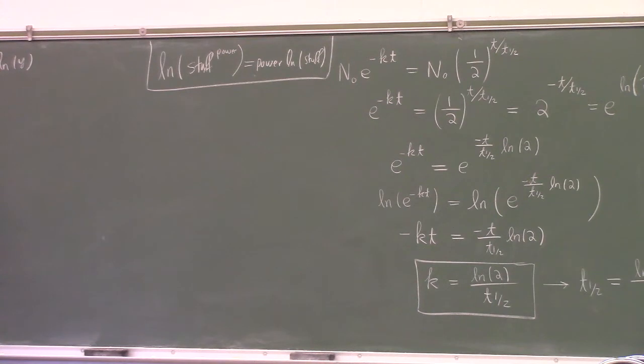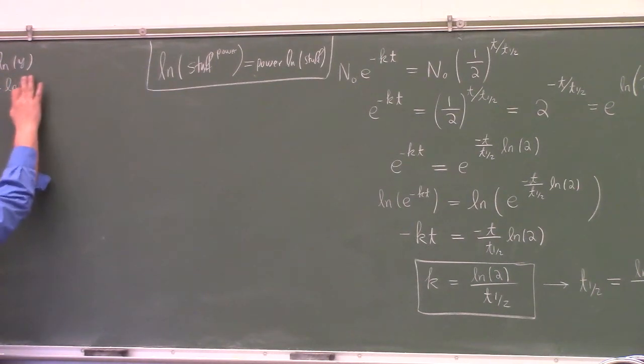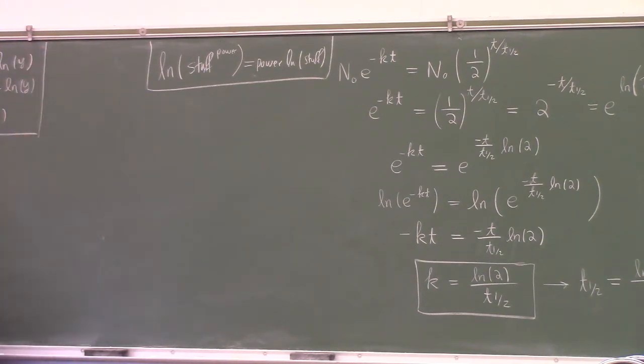The natural log of x over y is natural log of x minus the natural log of y. And of course, the other one I just mentioned, natural log of x to the power p is p times the natural log of x. These are pretty important simplifying rules for logarithms, right?